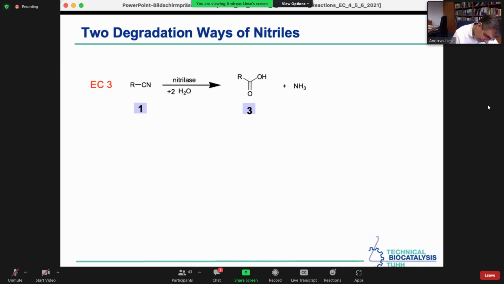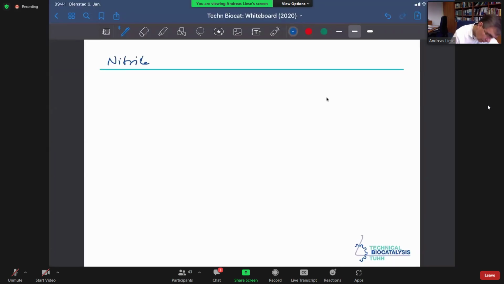So a nitrile is C, 1, 2, 3 triple bond N. We have a free pair of electrons at the nitrogen because it is in the fifth main group of the periodic table, and the carbon has four valences. And this is now the question, what can we do with these reactions? We're in the ligase business, so we always have 1 to 2, 2 to 1. Okay, back to transparencies.